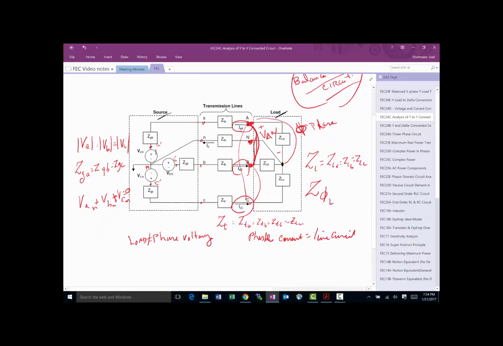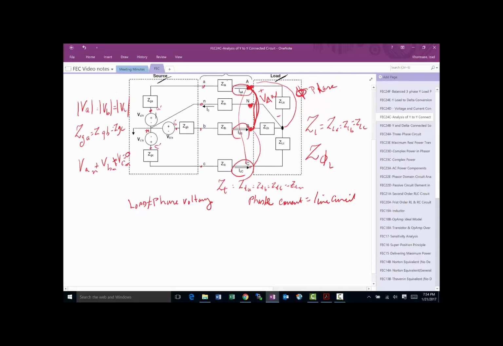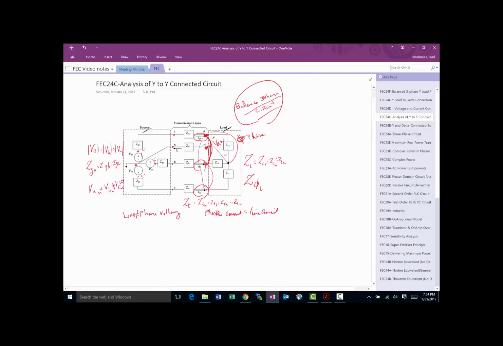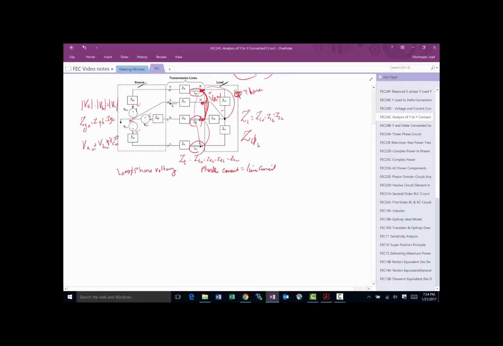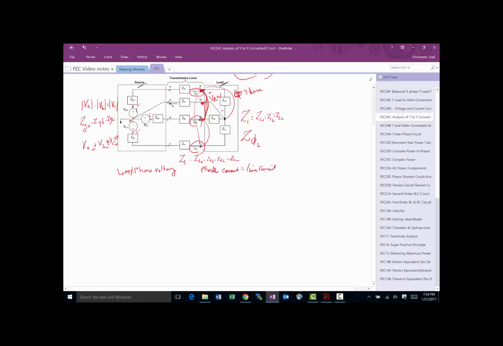Typically, if somebody says, I want you to find the current in phase A, which means they want you to find this current in here, yes, you can draw the whole circuit and do it, or instead of drawing this whole thing, you can simply start by looking at one phase at a time. And typically we look at the first phase.